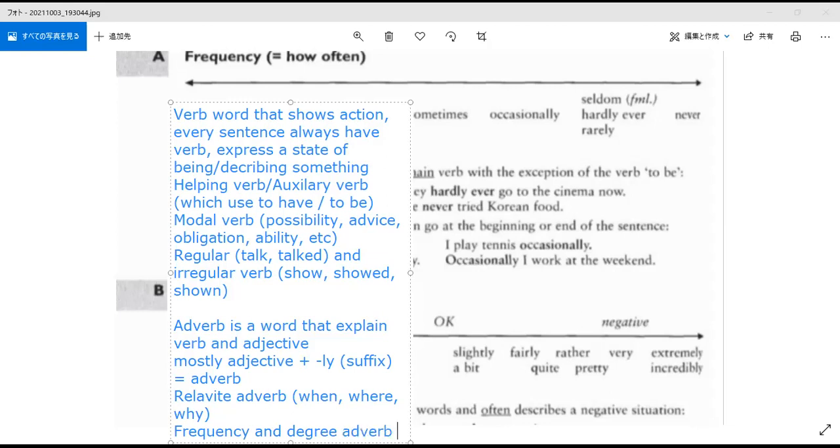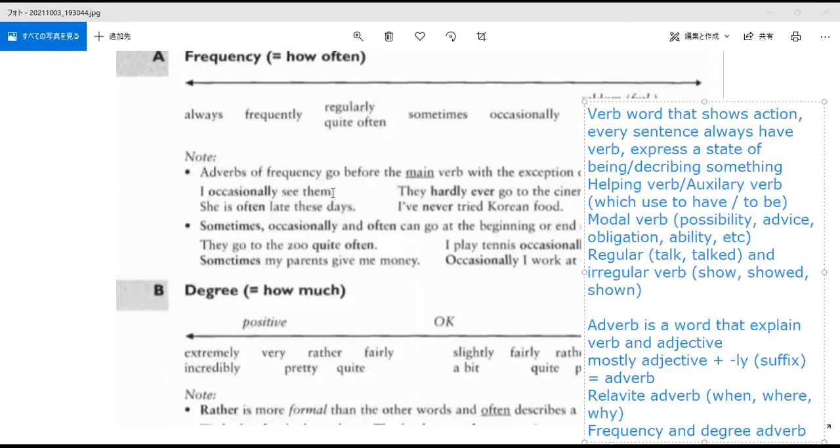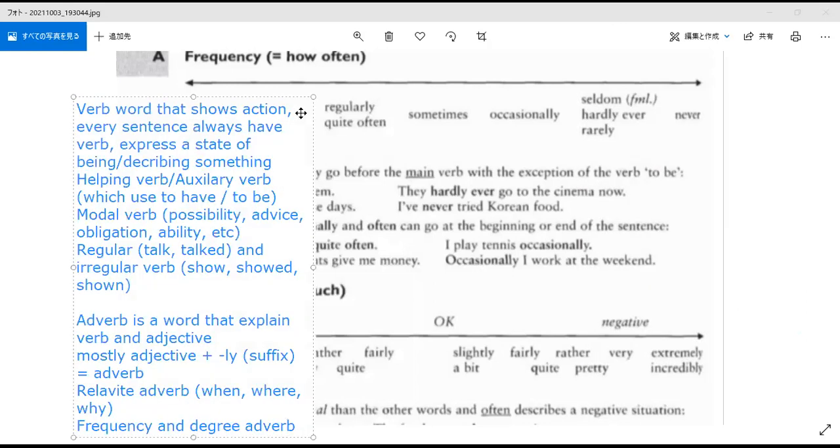Okay, the one that we just learned right now, right? You have so many examples of that. Okay.